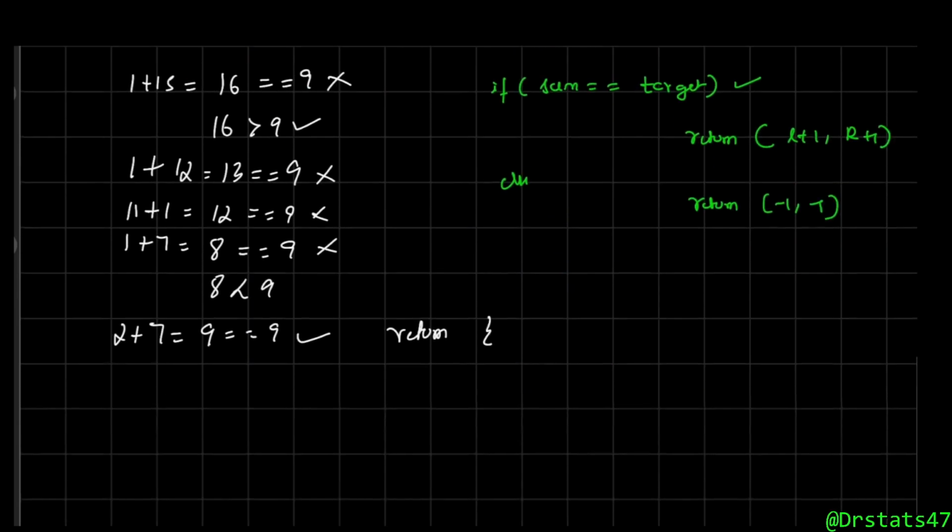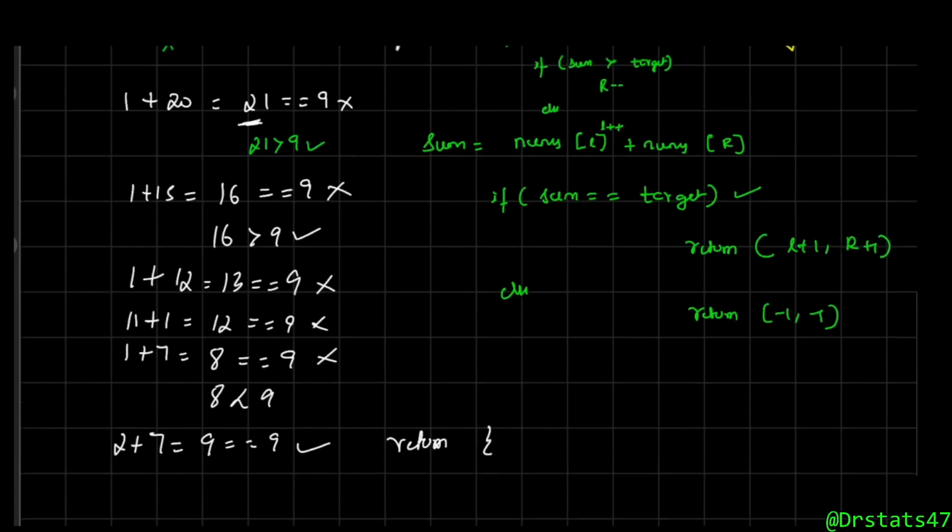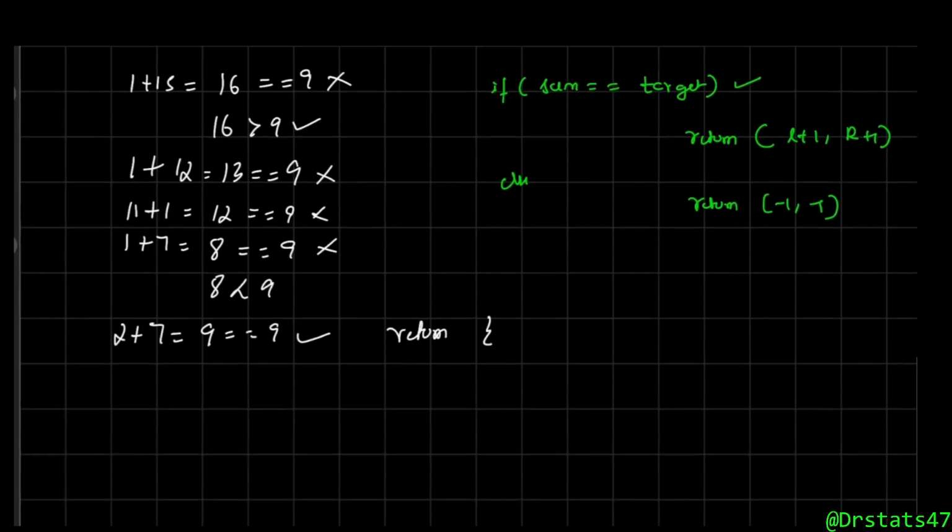We have to return 1 plus 1 and 3 plus 1. So that is actually the left pointer and the right pointer. We are returning the left pointer and adding 1 to it, or else minus 1 and minus 1. We are using pairs to return it.